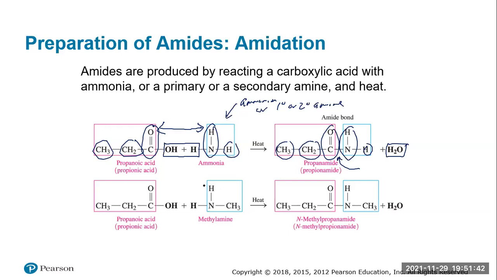Again, this is why it's really similar to carboxylic acid, because it comes from a carboxylic acid. Same thing here, this propanoic acid along with a primary amine, methylamine, again, going to take out the water and squish both of these guys together.